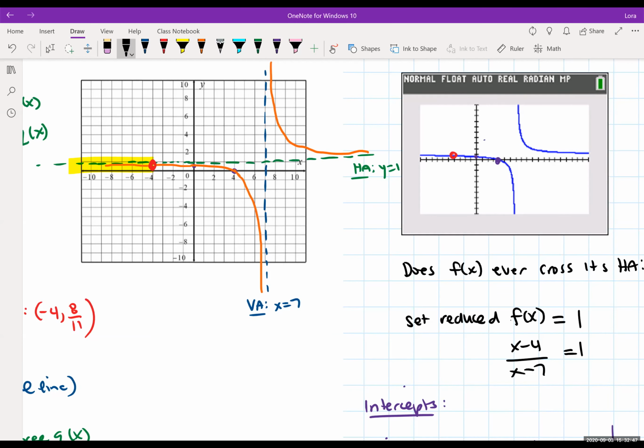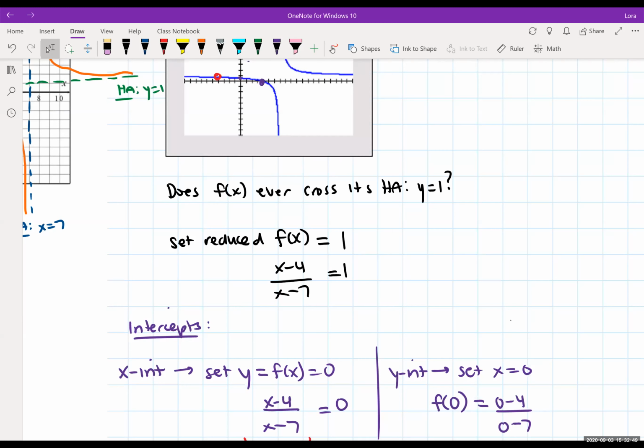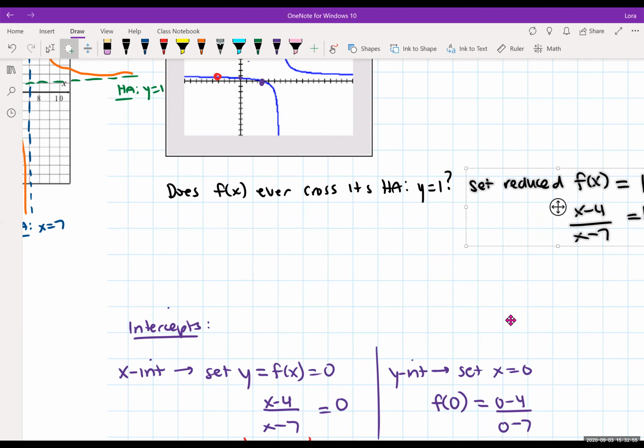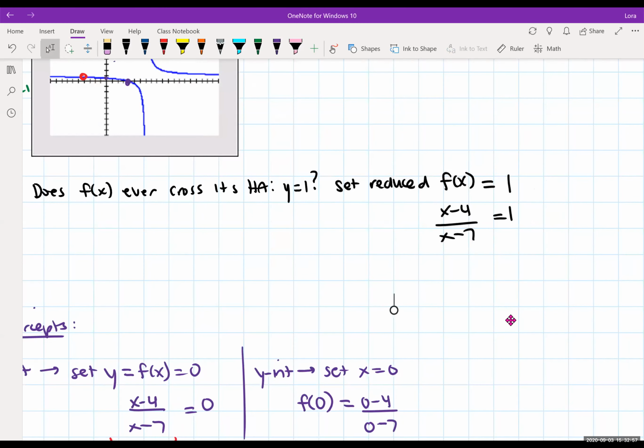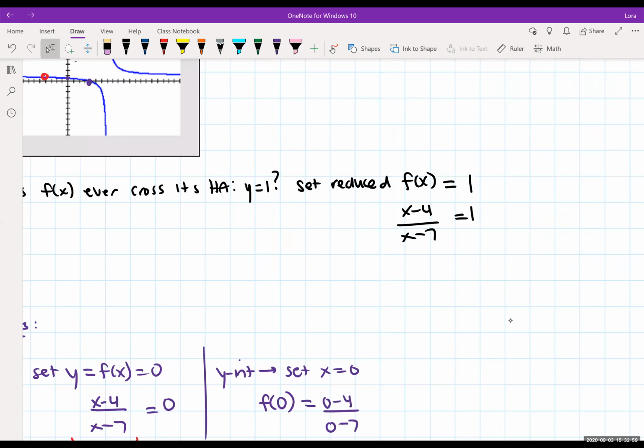Now, if we try to solve this equation, I'll move it over just so that we have a little more room to discuss this. Here we go. A little bit of review on solving a rational equation. We can multiply both sides by the LCD x minus 7. So on the left side, the x minus 7's divide out, and you get x minus 4 equals 1 times x minus 7.